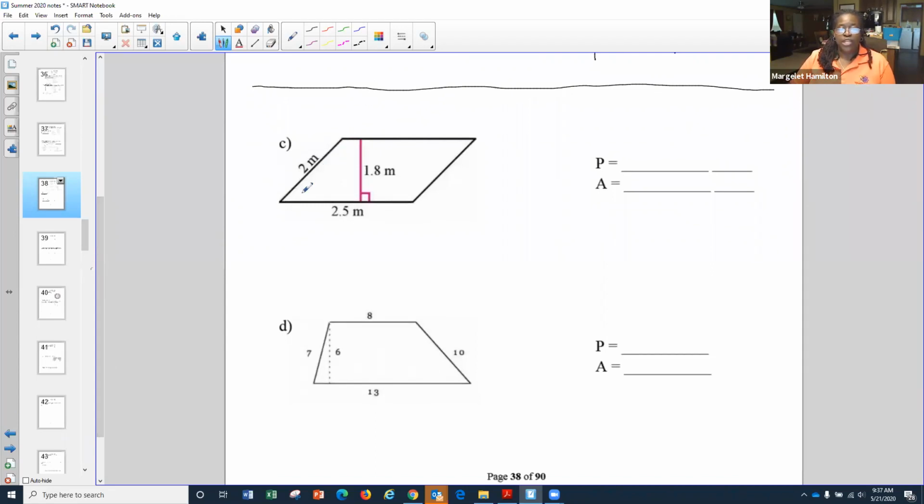All right, we look at the shape here. You remember this is called a parallelogram. We know because the top and bottom sides are parallel to each other.